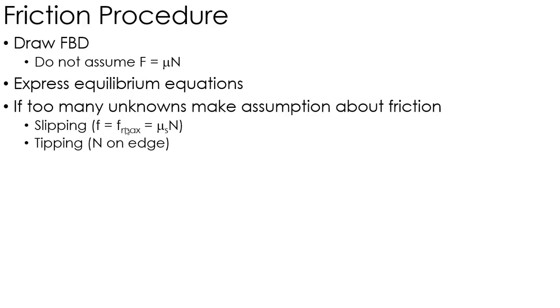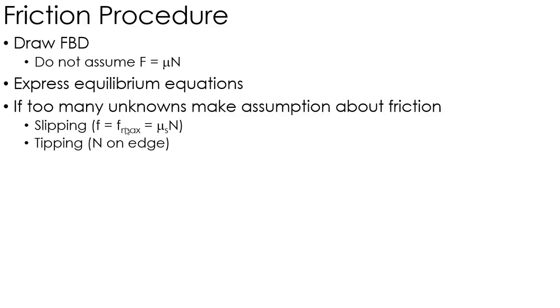If it says, how much force is it going to take to get this thing to move, you assume the motion is slipping, so the friction's at its maximum. You could also assume that it's tipping. At that point, you basically just move the normal force over to the edge, giving it its location, and you use that assumption.